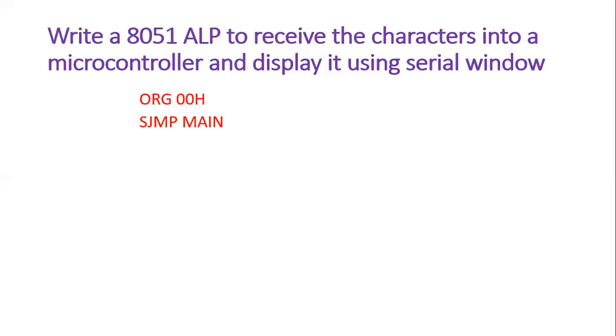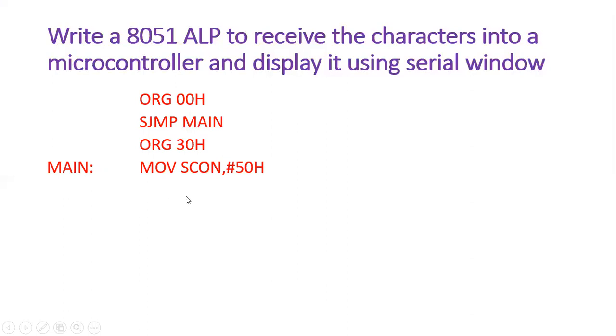After that, we start storing our actual program from 30H, so we use the assembler directive with the value 30H. Then we have the main program, and from here the control will come immediately.